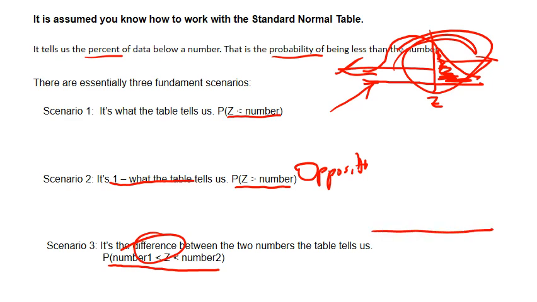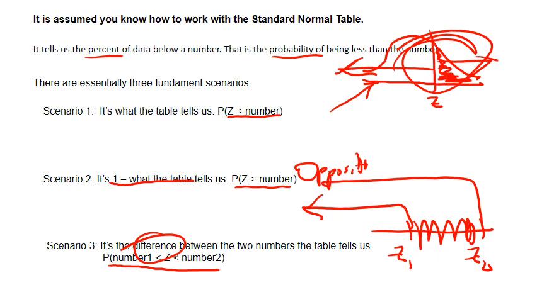So I have a Z1, I have a Z2. I want to be between these two numbers. Well, I get this number from the table here, I get this number from the table here, and I take their difference, right? Whatever that number is. Got it? Again, it's assumed you know how to do this, okay? Because that's fundamental to most of what we do in the second half of the course.